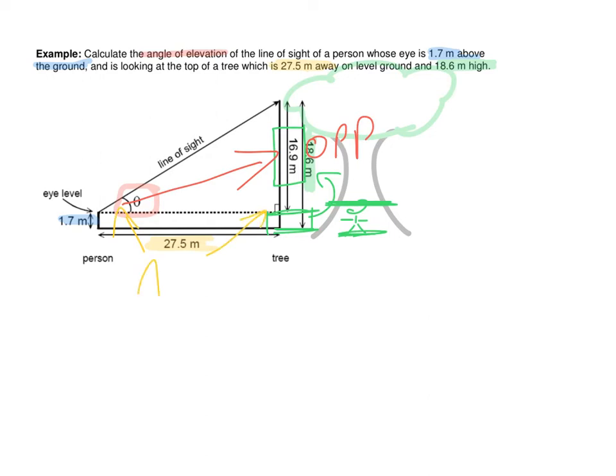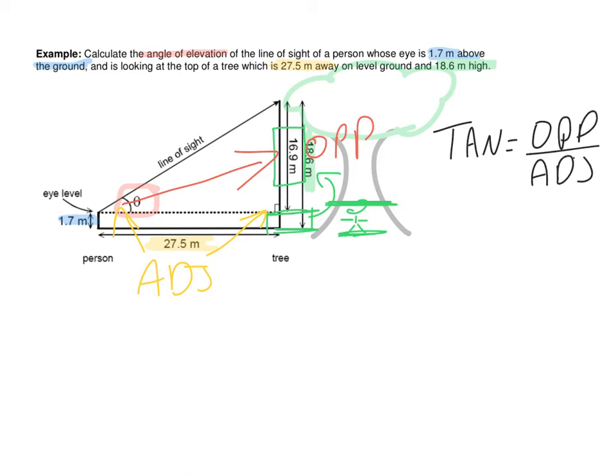That means this is our adjacent. Alright, so we've worked with these before. Opposite and adjacent, again, is going to be a tangent question. So, tan is opposite over adjacent, and we're going to fill in the information that we know.